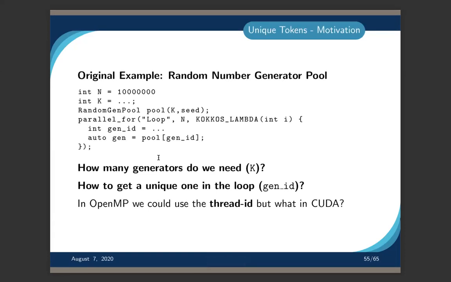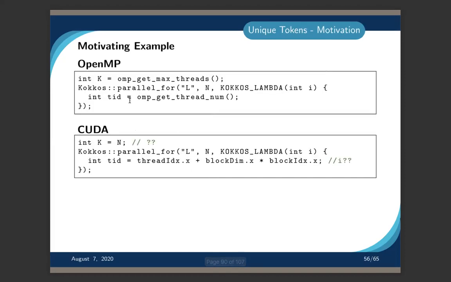And it's actually easy in OpenMP. You could just get omp_get_max_threads, that's great. And then you use omp_get_thread_num to figure out which one to use. That's easy. In CUDA, it is not really easy. Effectively, sure, you could compute something like threadIdx.x plus blockDim.x times blockIdx.x or whatever.